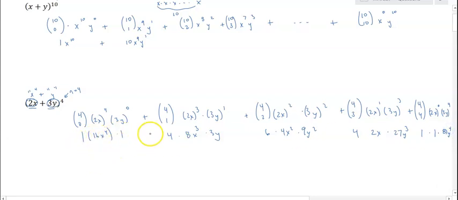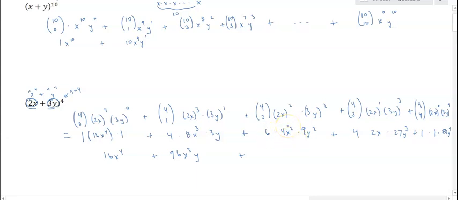These are all added together, right? So this equals 16x to the 4th. Here we'll have 4 times 8 is 32, 32 times 3 is 96. So we'll have 96x cubed y. Plus here we'll have 24 times 9.